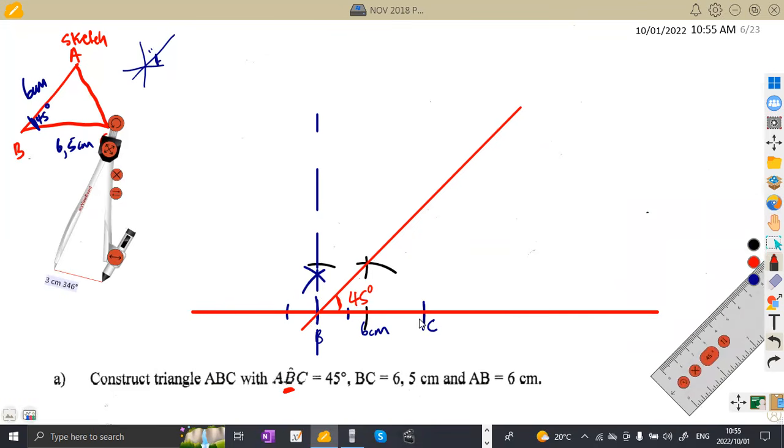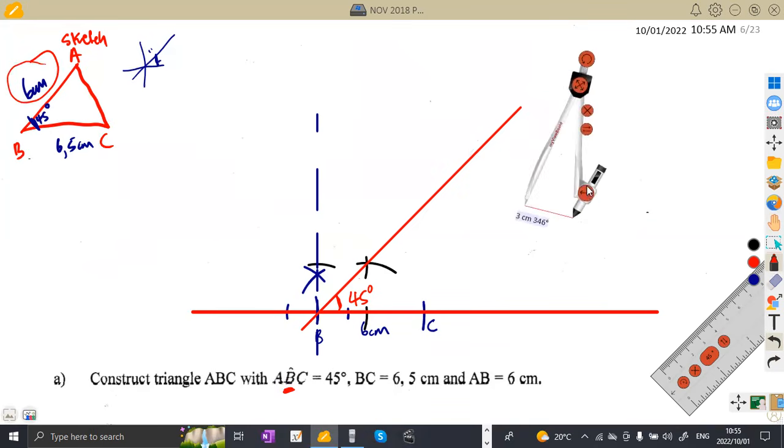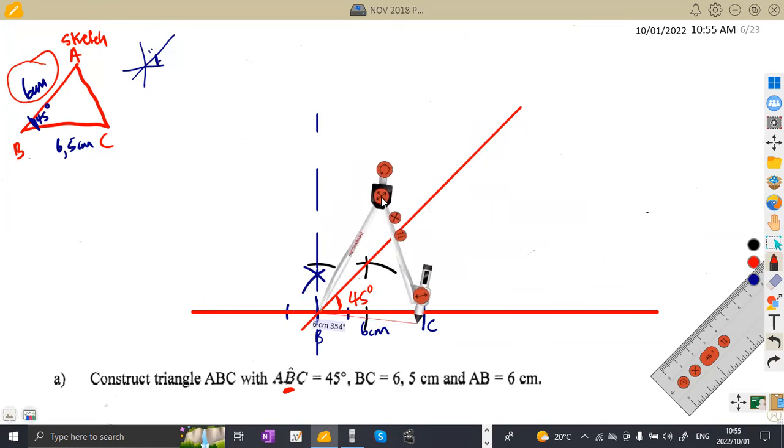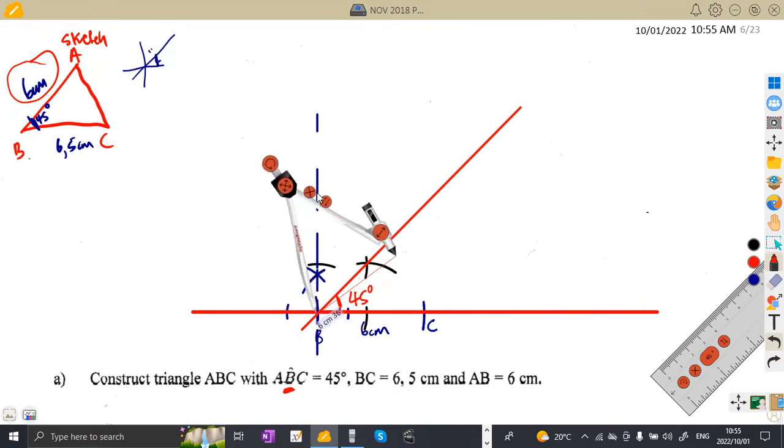So we have B to C, which is 6,5 centimeters. But along this B to A, it's 6 centimeters. So you're going to simply measure 6 centimeters on your ruler. This is, for me, 6 centimeters, something like this. All right. So you're going to measure 6 centimeters. Then from B, mark across this line a point which you're going to use as your reference point to indicate where A is situated.